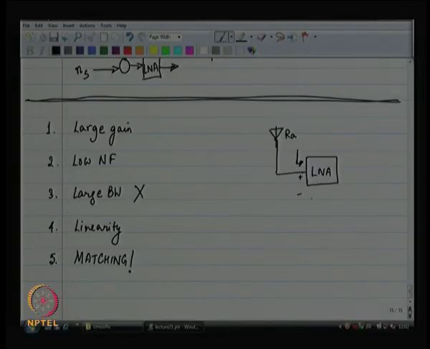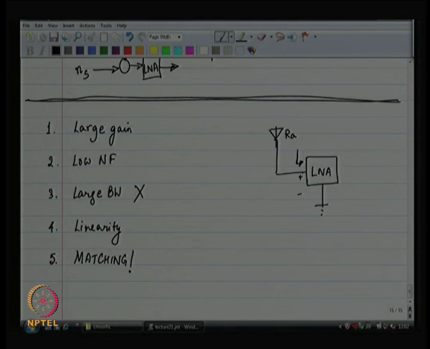If you do maximum power transfer, then you will get the maximum possible voltage at the input of the low noise amplifier, which means that you are going to get the maximum possible output voltage. The total gain of the system will be maximum, right, if you have maximum possible input voltage. So, that is why you want to do maximum power transfer.